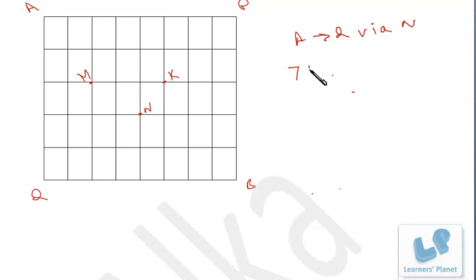So in all 7 steps, or we can say 7C3, or 7 factorial by 3 factorial, 4 factorial, right? Now we have to go to Q. So 1, 2, 2 vertical steps, 1, 2, 3, 4, 4 horizontal steps. So that's 6C2. 6C2 or 6C4, the value will remain the same, that you must be knowing, right? So these are the total number of possible shortest ways from A to Q via N. Okay.